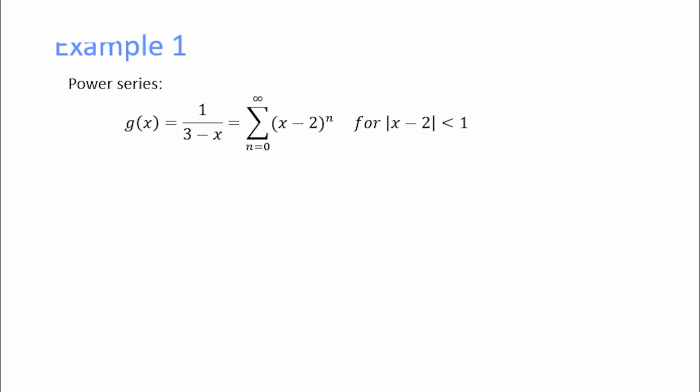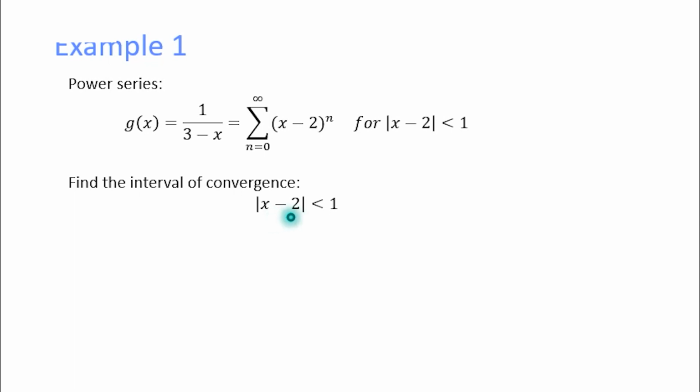In order to find the interval where it converges to g(x), we need to solve this inequality for x. I'm going to write it down, and since this is an absolute value inequality where the absolute value is smaller than a number, it means we can rewrite it as a compound inequality.